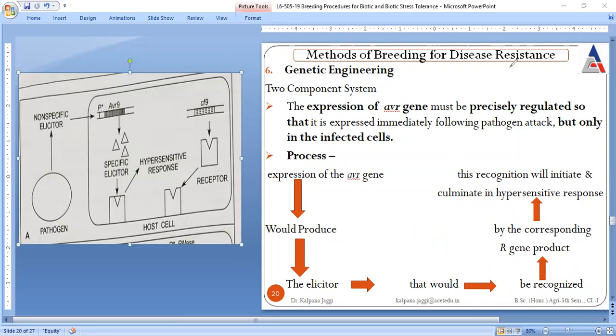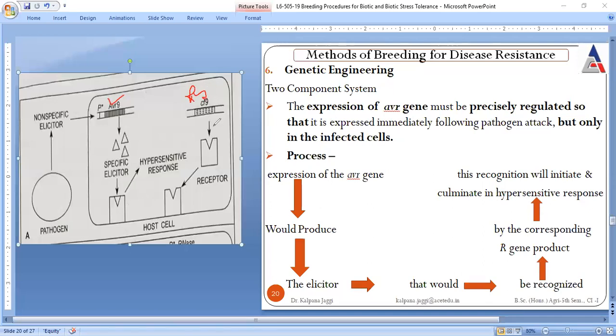Here what is happening is the expression of the AVR gene, and this AVR gene would produce the elicitor that is going to activate something else. These elicitors are going to be recognized by this R gene, which in turn will activate CF9, right?